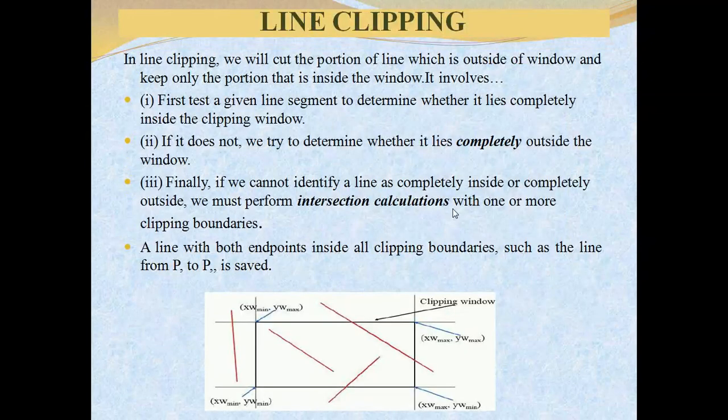Now next we define line clipping. In the previous chapter we learned the various line drawing algorithms, the DDA line drawing algorithm and Bresenham's line drawing algorithm. A line is joined by two endpoints and composed of various numbers of pixels.